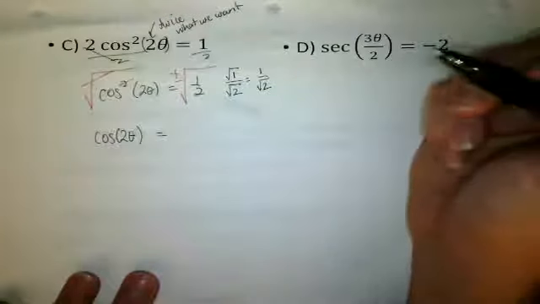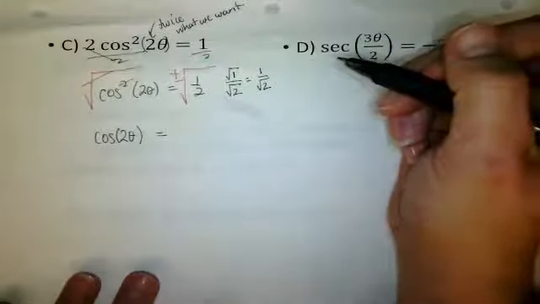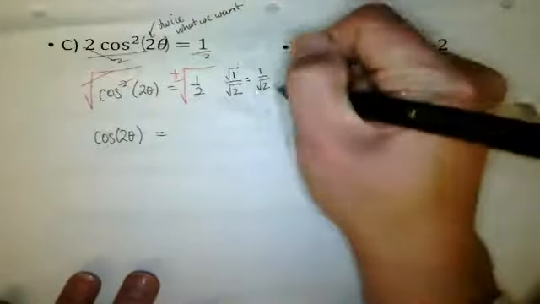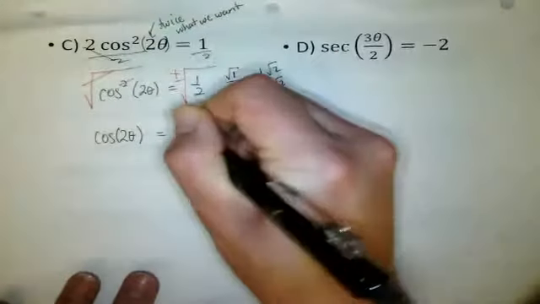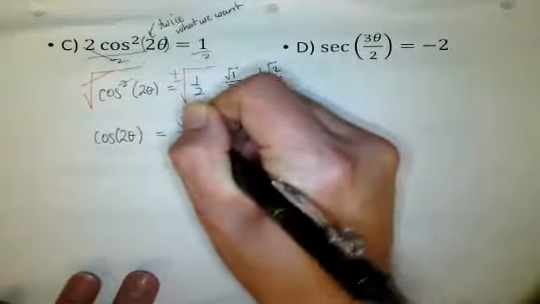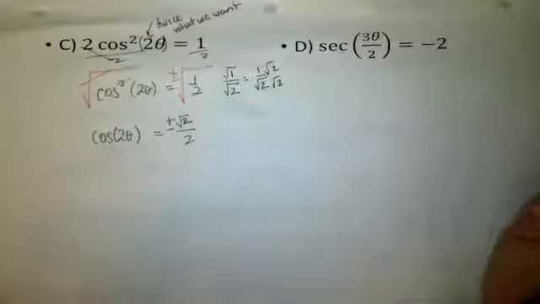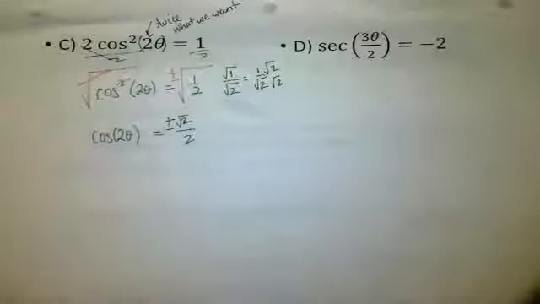Now this one, that doesn't look familiar, does it? What do we need to do to this one? Rationalize. Yeah, so it's radical 2 over 2. Radical 2 over 2. Okay, and it is plus or minus, yes.